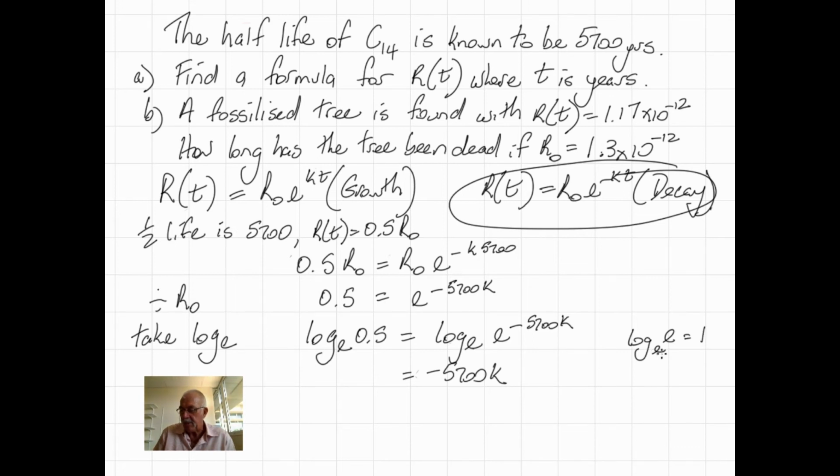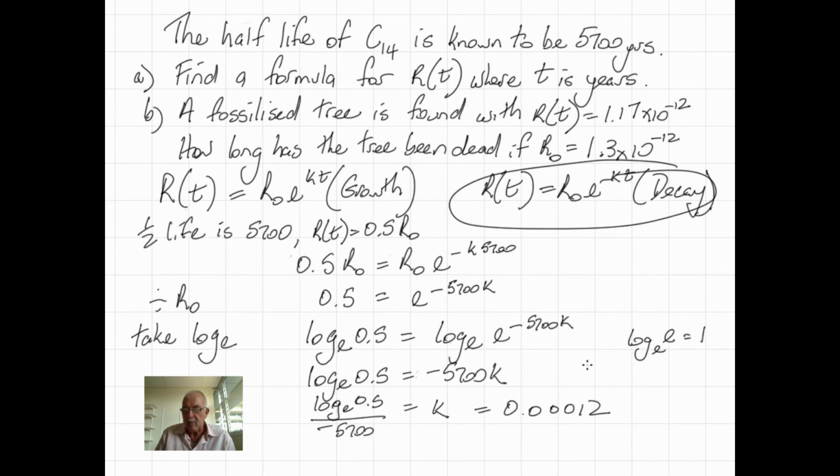The power that you've got to raise e to get e is 1. So we're left with that equals log base e of 0.5. To get k by itself, k is log e 0.5 all over negative 5,700, and we'll get k is equal to 0.00012. So that is my k value.